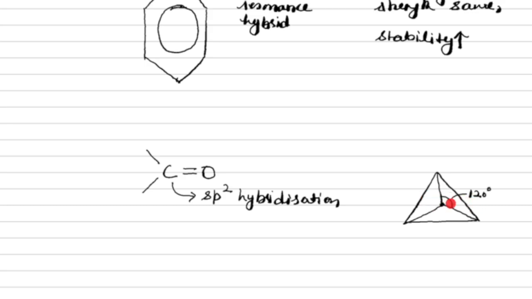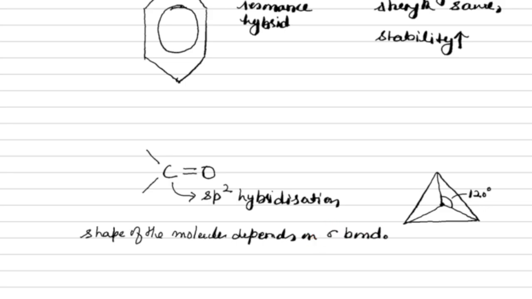Now the question can come: this carbon, and if you say oxygen is here, does not that make a difference because it has a double bond? Remember that the shape of the molecule depends on the sigma bond, not the pi bond.